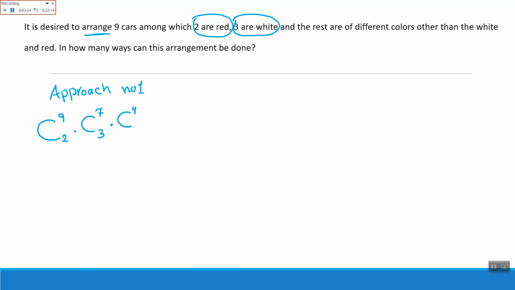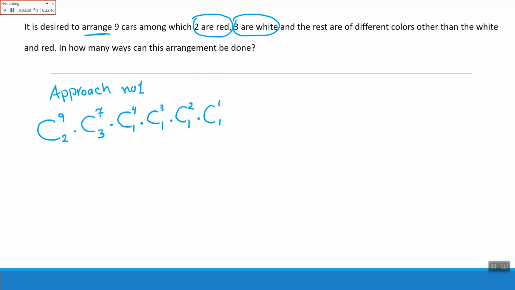You will arrange the first color because each is a different color, and then 3 of 1 color, and then you take 2 of 1 color, and then 1 of 1. This is one way to do it. So we have 9 cars. We take the first color, which is the red.